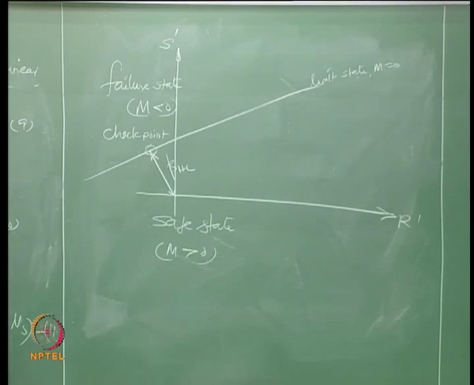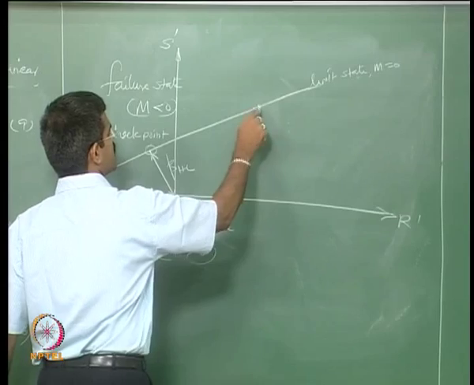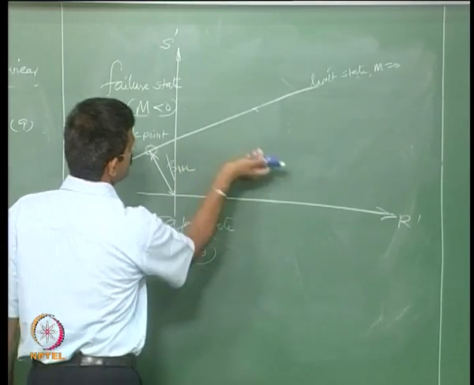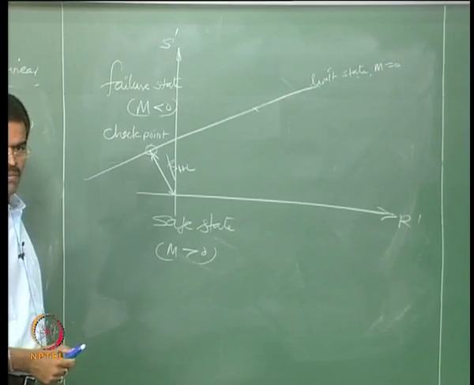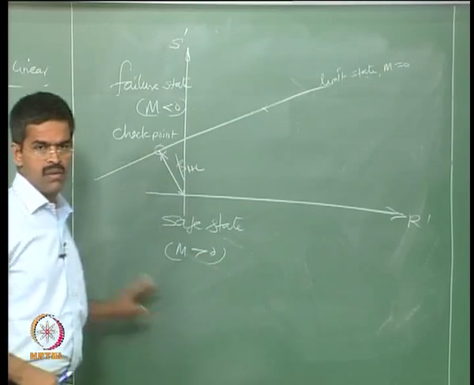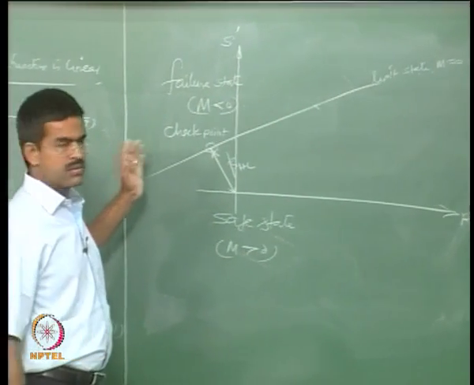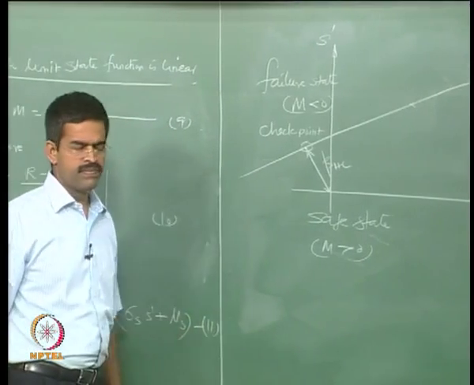You can see here, for all values, for example this point, the slope is gentle when r is greater than s, okay, safe state, whereas in this case it is going to be failure state.